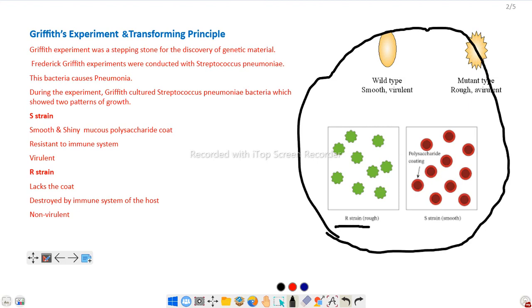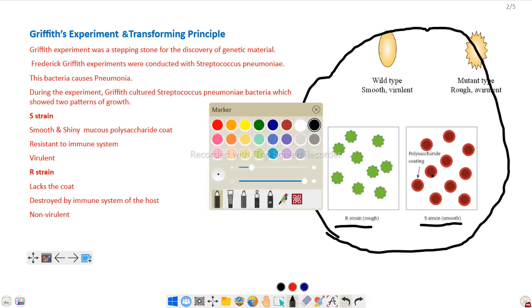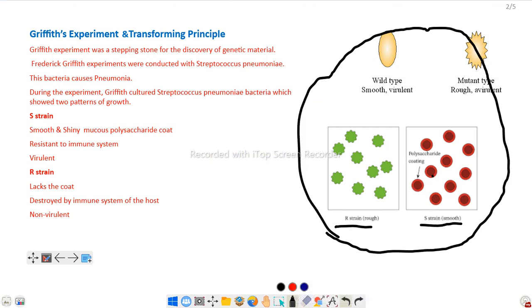One is the rough strain or R strain, another is the smooth strain. The smooth or S strain has a shiny mucous polysaccharide coat. This is the double coated layer. The polysaccharide coating is the outer covering.